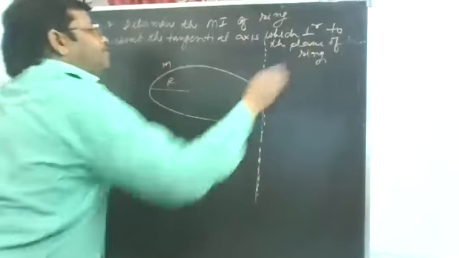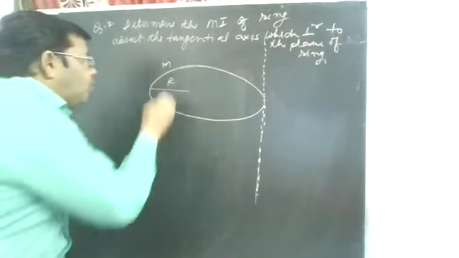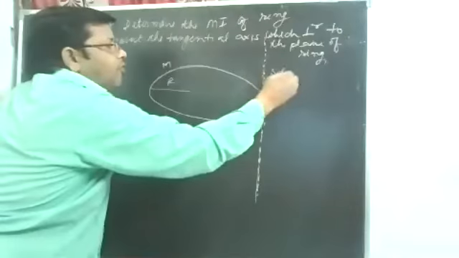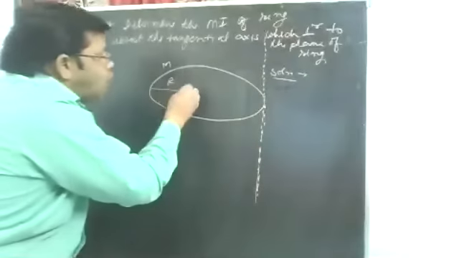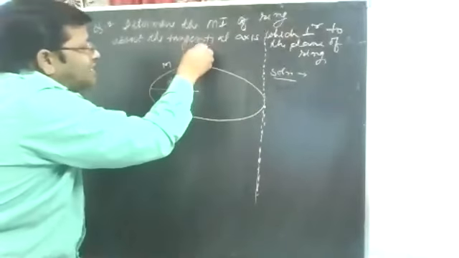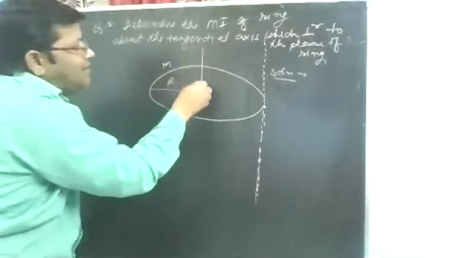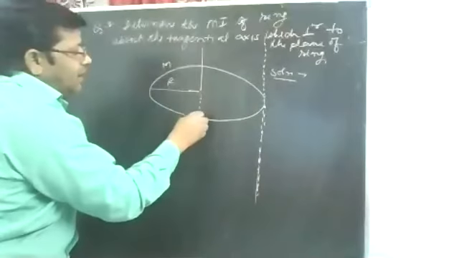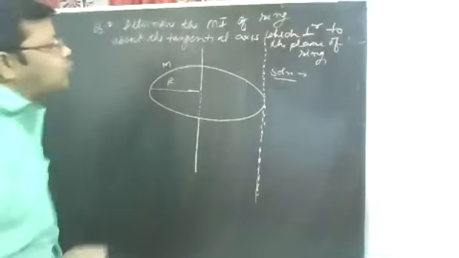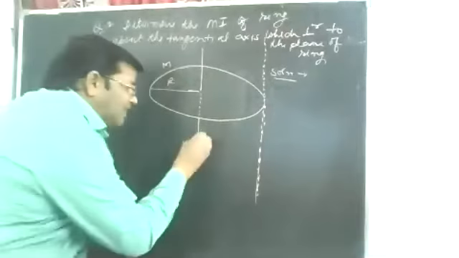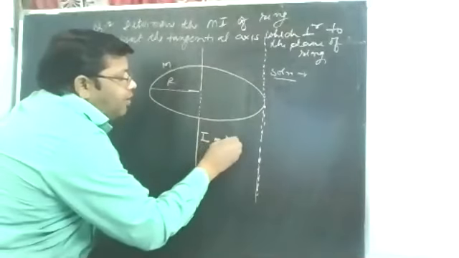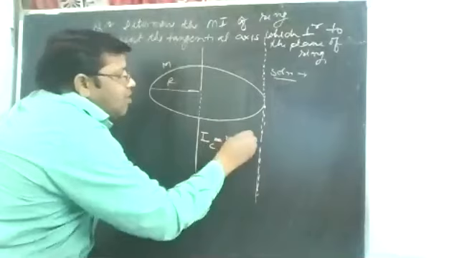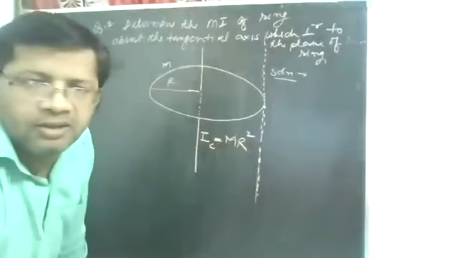Now you see here how we will solve this kind of problem. You already know that if the axis is passing through its center and perpendicular to the plane, then this axis gives IC, and we have already derived it.